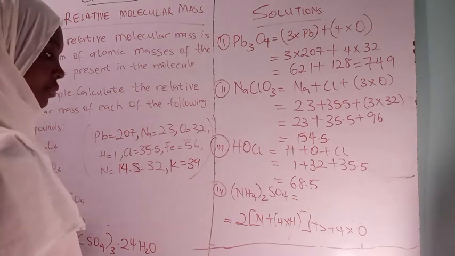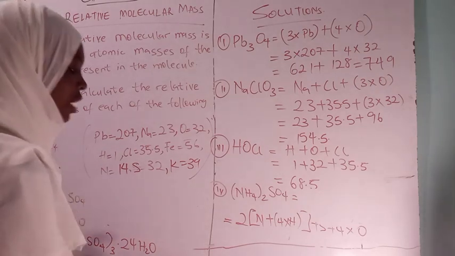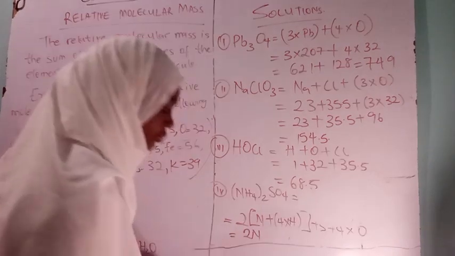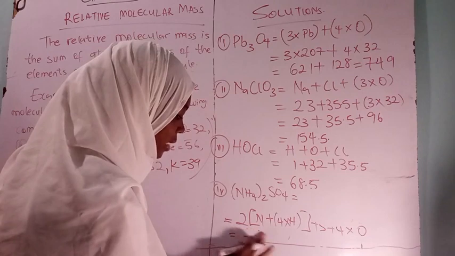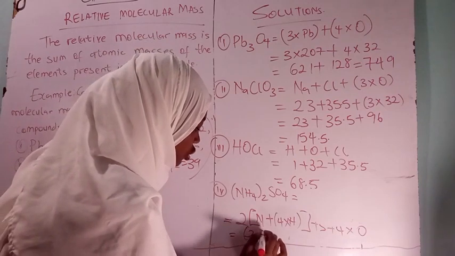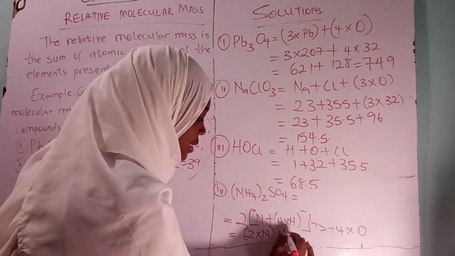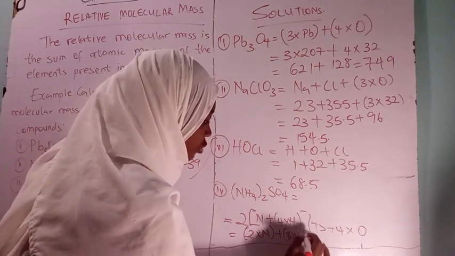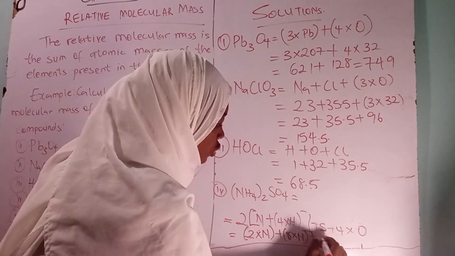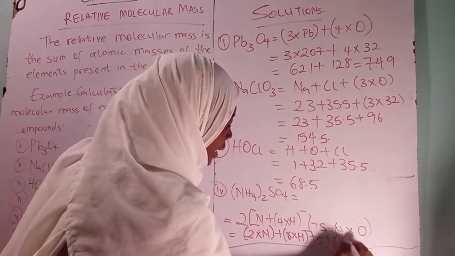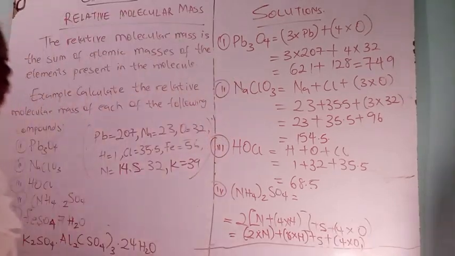We then have 2 nitrogen, that's 2 times nitrogen plus 2 times 4, 8, that's 8 times hydrogen plus sulfur plus 4 times oxygen.